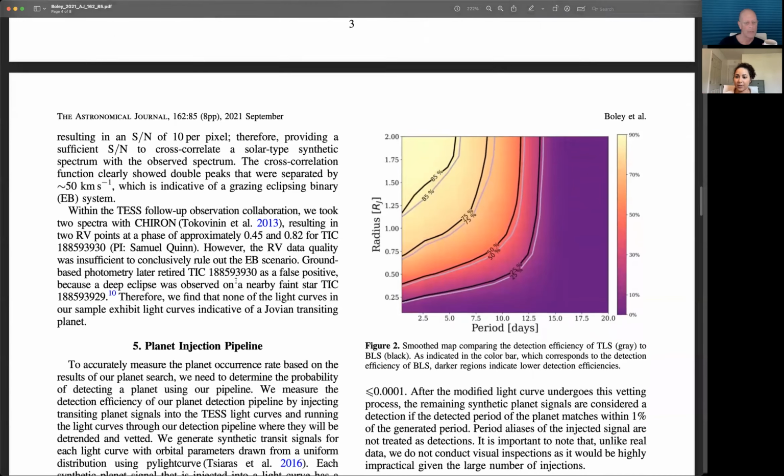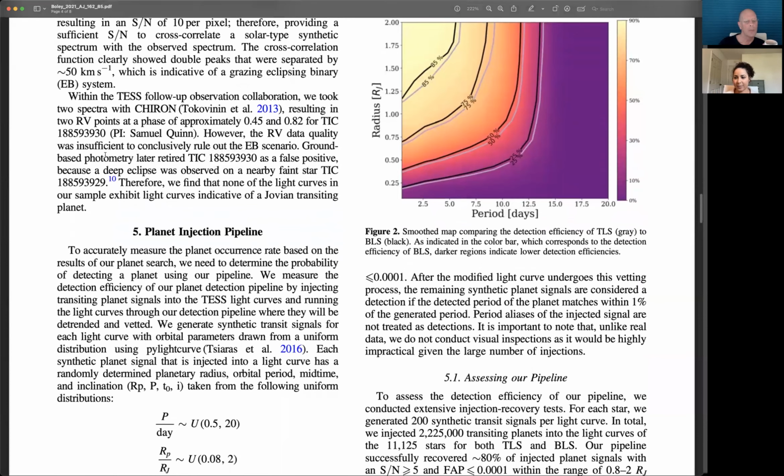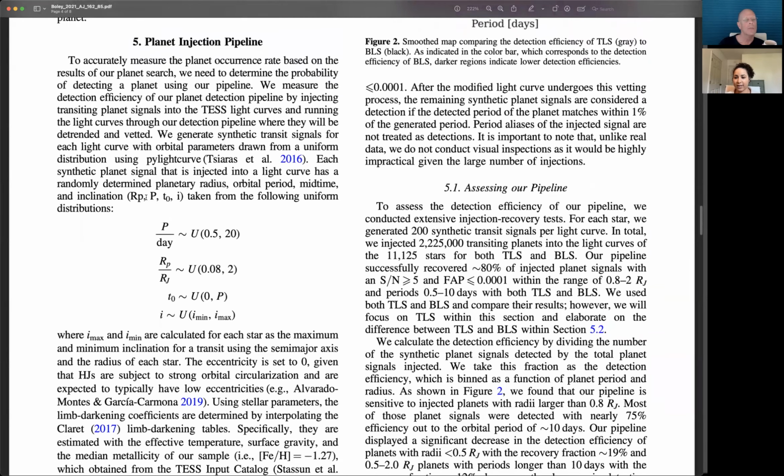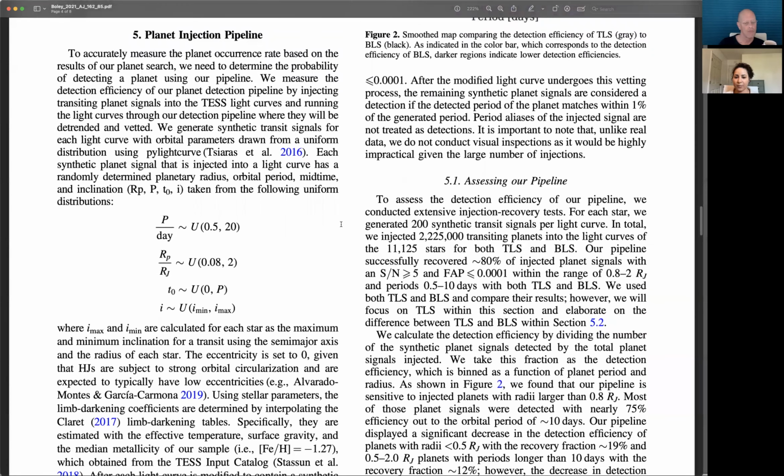But yeah, that's what we ended up doing with the real data. But in order to actually figure out the occurrence rates, what we need to do is determine our detection efficiency, so the likelihood that our pipeline specifically can detect a planet.